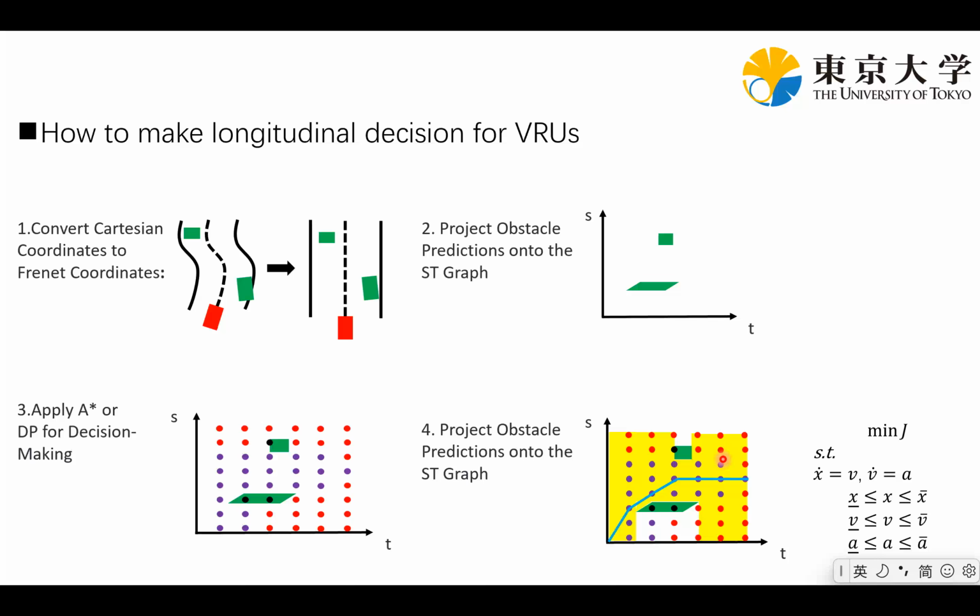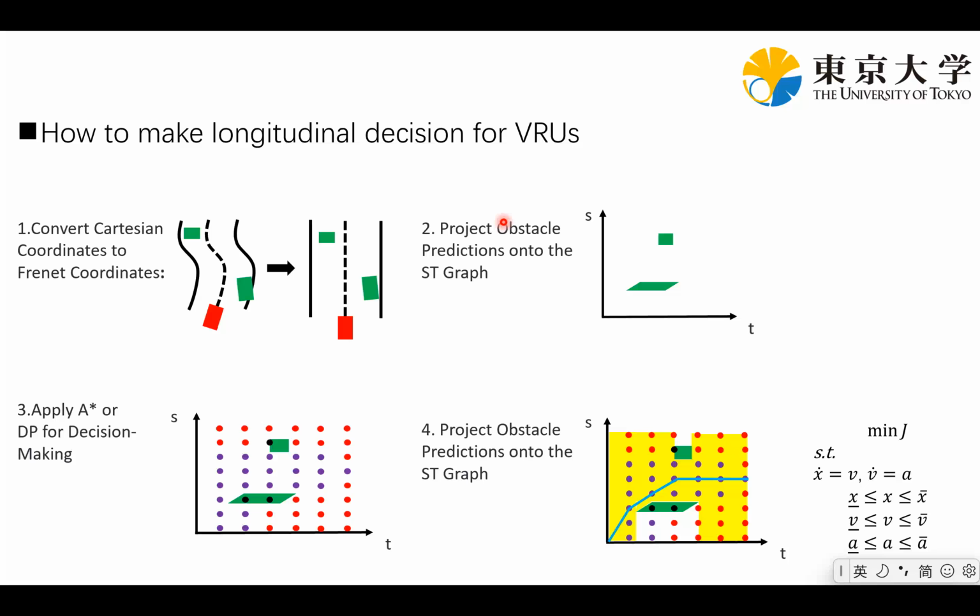However, the issue is that, as mentioned before, predicting VRU behavior is very challenging. Those methods may be useful for vehicles, but for VRU, implementing longitudinal decision making as in those methods would rely entirely on predictive information for VRU, which could lead to decision failure.